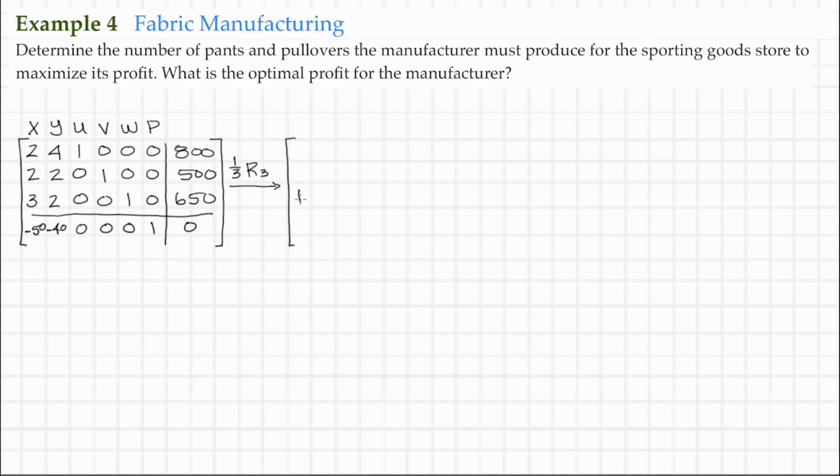That's the whole idea, right? 2 times 1/3, that's 2/3. 0 times 1/3, that's 0. 0 and 1/3, 0. 1 times 1/3, that's 1/3. 0 times 1/3, 0. Put in our vertical line. 650 times 1/3, that's 650 thirds. We can close off the tableau and then fill in the rest.